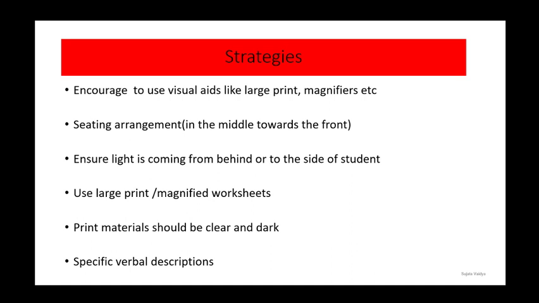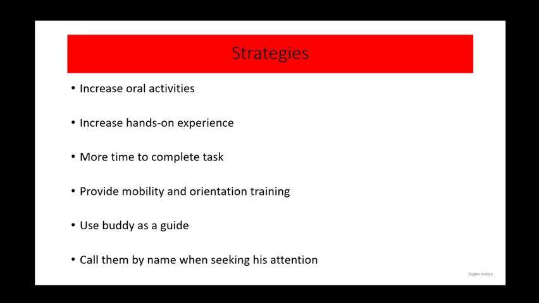Use large print and magnified worksheets. Print materials should be clear and dark, and we should use verbal descriptions. We should increase oral activities, as they cannot see, and increase hands-on experience.